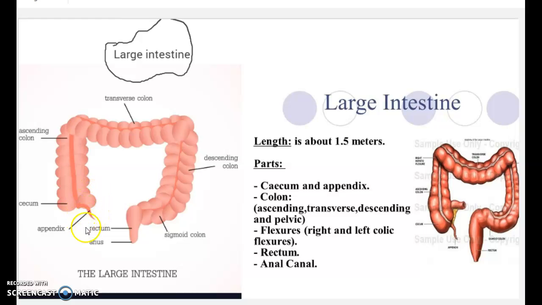Cecum is the proximal end of the large intestine, the part where the large and small intestine meet. The cecum extends inferiorly about 6 centimeter behind the ileocecal junction in the form of a blind sac. This blind sac, present at the inferior of the cecum, is called the appendix.